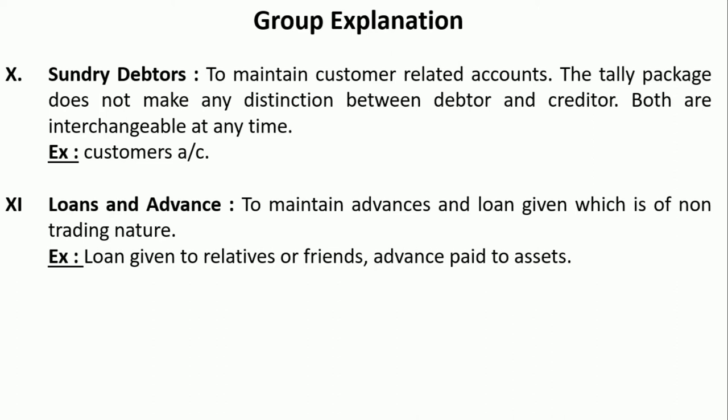Sometimes you have to pay loan to your friends or relatives. Then you can take it as loans and advance. That means loan paid to relatives or friends type of ledger we can take under loans and advance.